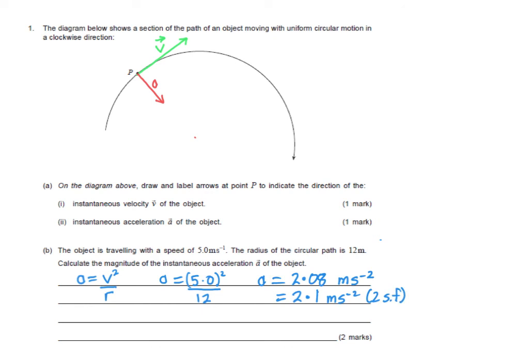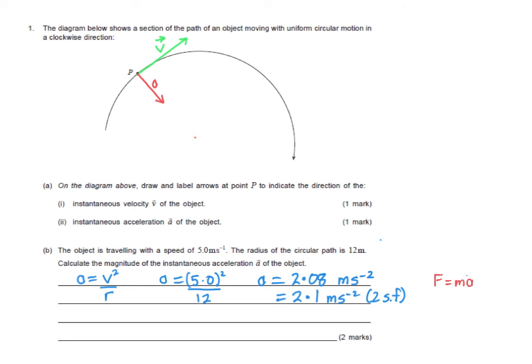Now, a question like this, you could also easily have been told the mass of that object, and then you could easily have worked out the force that was required. You can go F equals mass times acceleration, and we've just worked out the acceleration there.